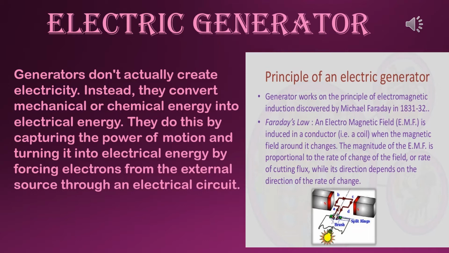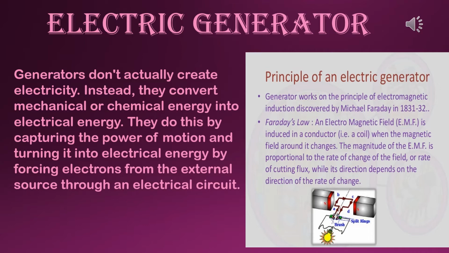Remember this. An electric generator works on the principle of electromagnetic induction, discovered by Michael Faraday in 1831-32. It is based on Faraday's law. An electromotive force or EMF is induced in a conductor, that is a coil, when the magnetic field around it changes.